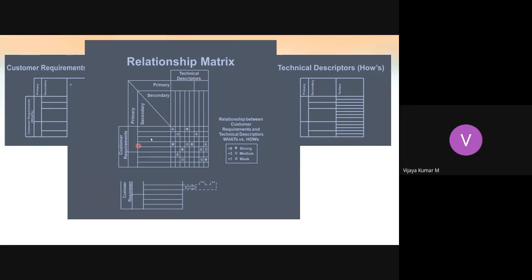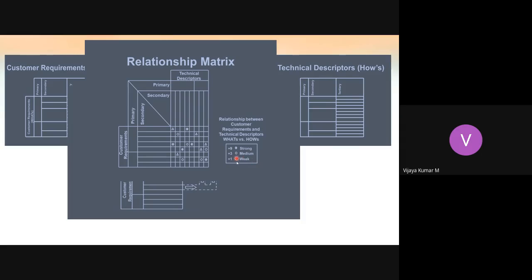And then after you develop this L shape, I said you have to identify the relationship between this and this. How to find the relationship? For example, for this particular specific product, say the product is a tire, and the technical descriptor could be a material, stainless steel. So for this product, is this stainless steel preferable or not?